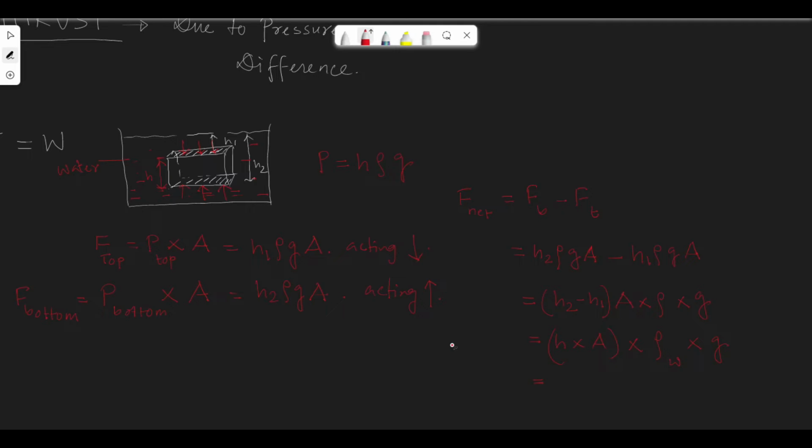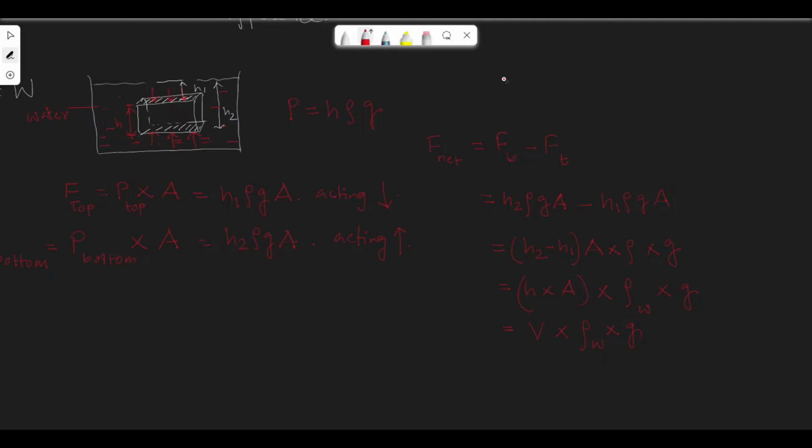Now height of the object times its cross-sectional area is nothing but the volume of the object. The volume of object times the density of fluid, here it is water, times g. This is the net force, and you see this volume of the object, since the object has been fully immersed into this liquid, is nothing but the volume of the displaced water.